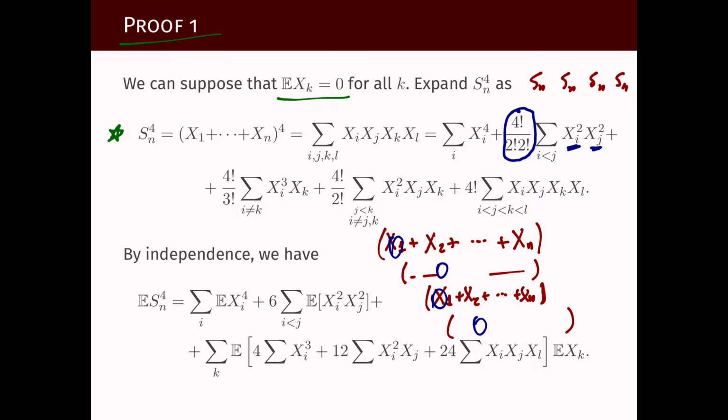We can choose which ones will be those with x1, and the remaining will be the ones where we choose x2, and so on. So therefore, there are 4 choose 2 ways to get two different indices i and j, both of them squared. Again, what we are doing here is expanding this product.